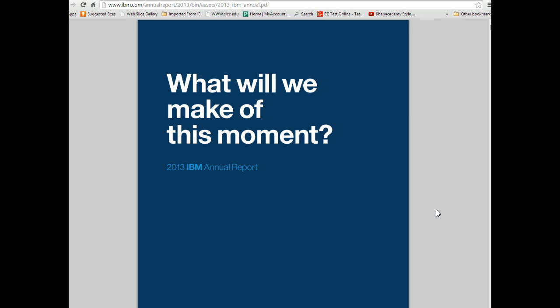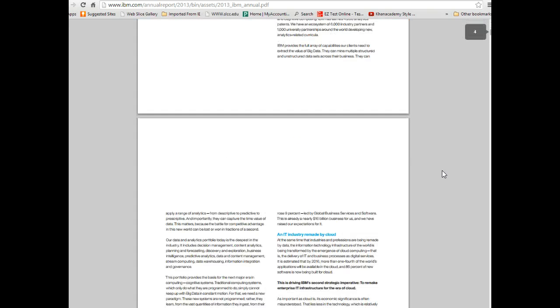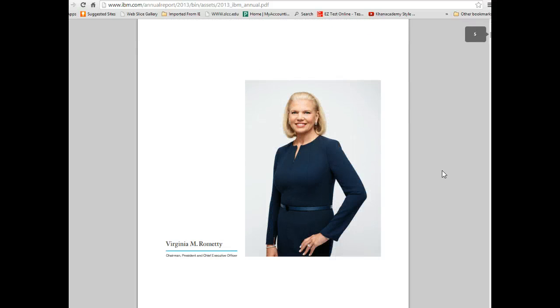involved in interstate transactions. This is IBM's annual report, and I'm going to slip down a little bit and say, well, first thing you'll find in all annual reports is a letter from the CEO telling you how the year went. And here's our CEO of IBM, Virginia Rometty. So hello, Virginia.